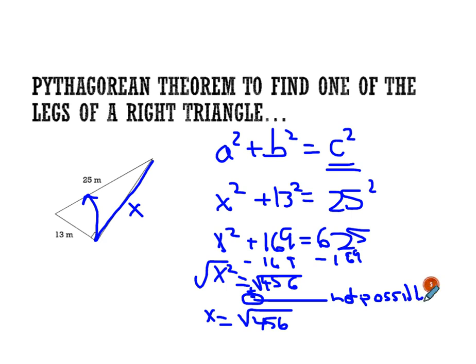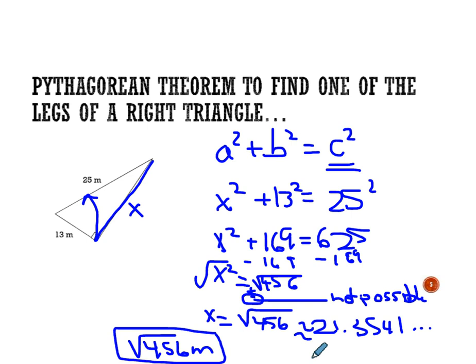And then square root of 456, if you type it on your calculator, it's going to be approximately 21.3541 and so on. So your answer would be square root of 456 meters.